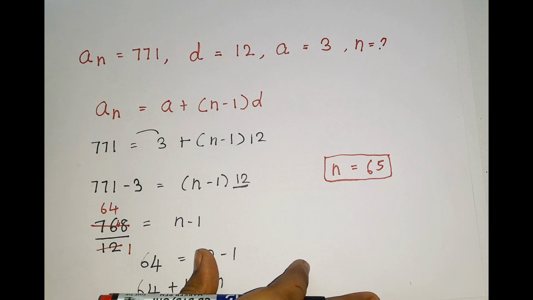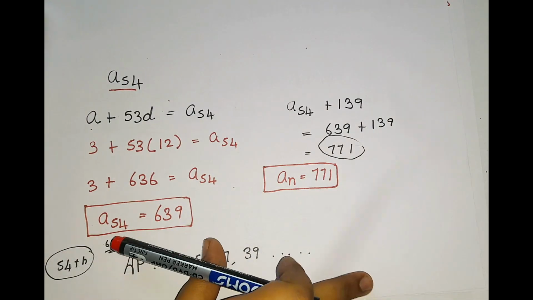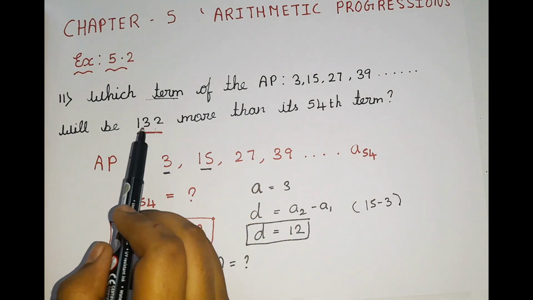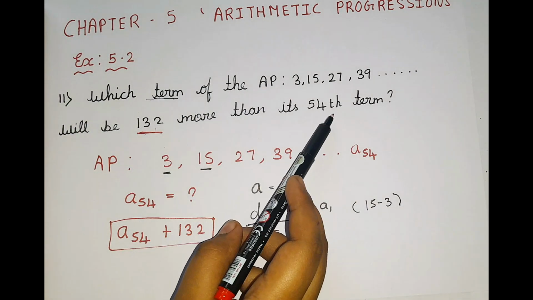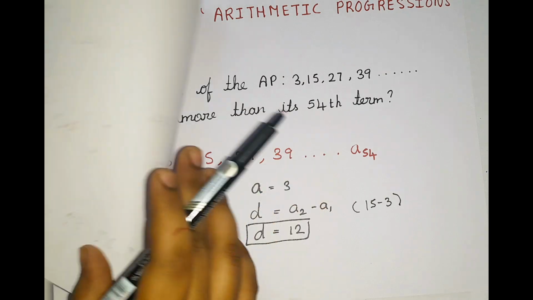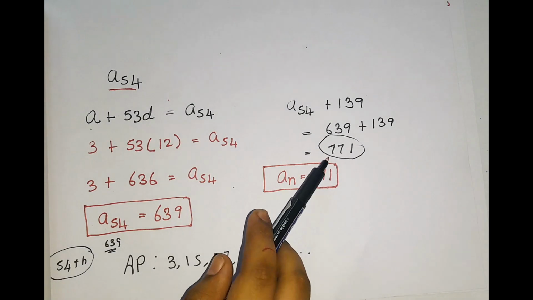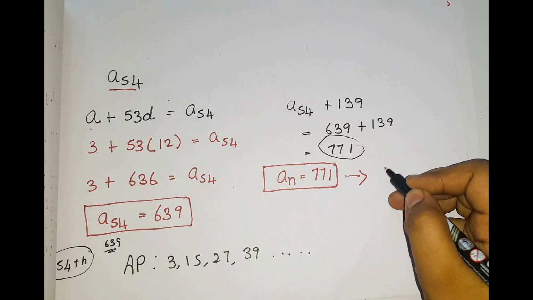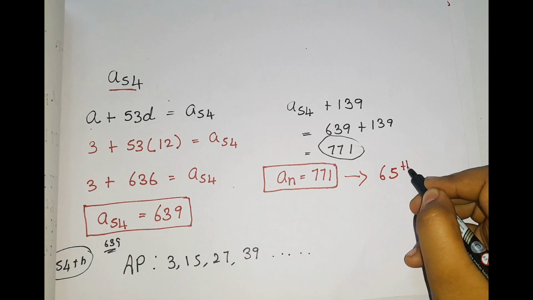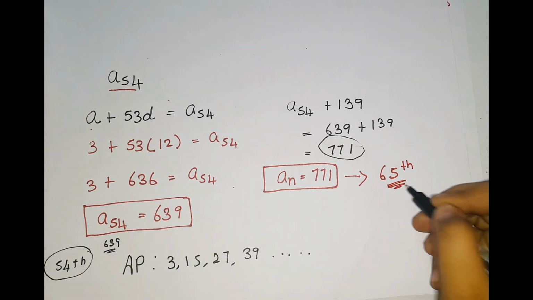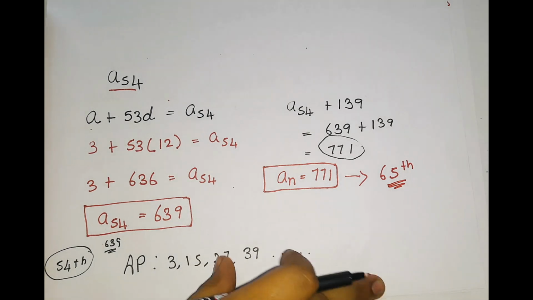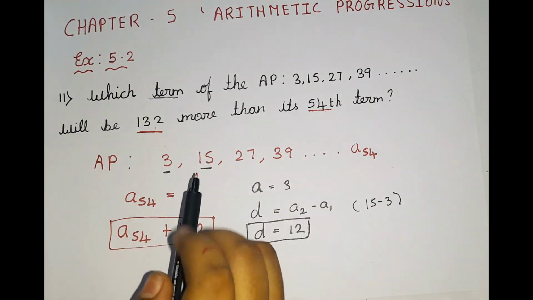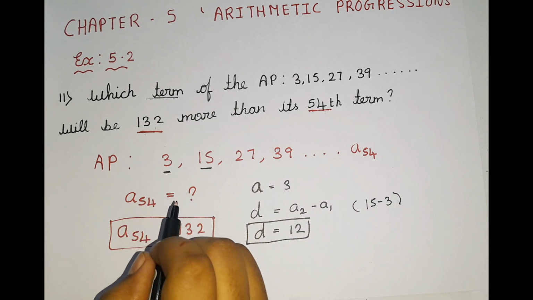According to the question, which term of the AP will be 132 more than its 54th term? Since 771 lies in the 65th term, that is more than the 54th term, as they mentioned.